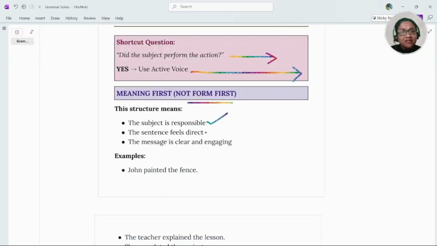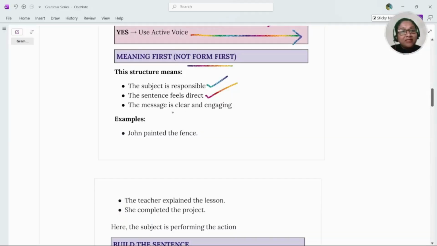And if the sentence feels direct, there is no beating around the bush or taking a u-turn. It feels like a person is standing right in front of you and talking to you, so that is also active voice. The message is clear and engaging. What do you mean by clear and engaging? When we talk in terms of passive voice, the message sometimes is misunderstood.